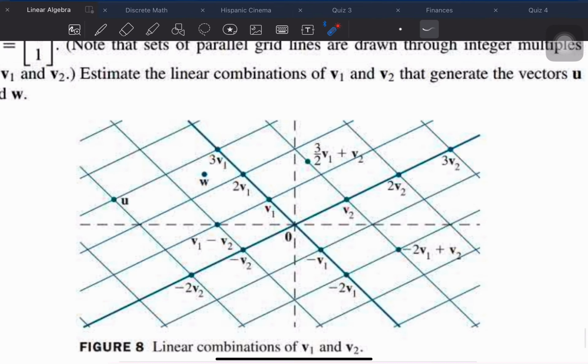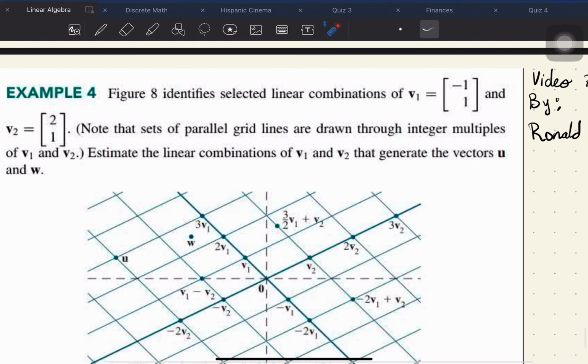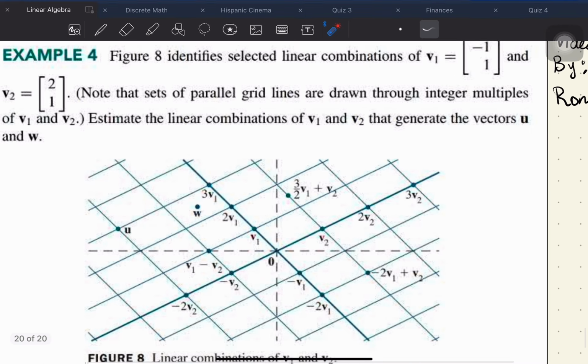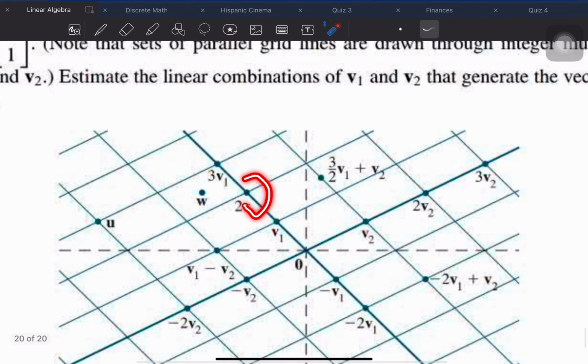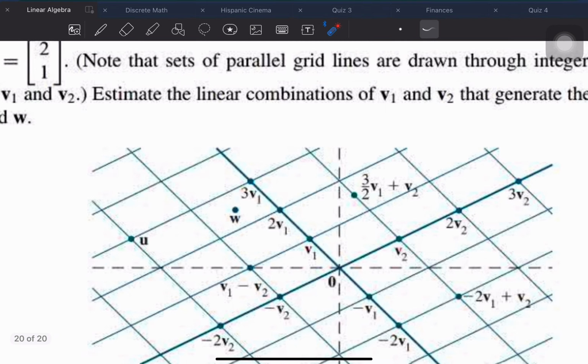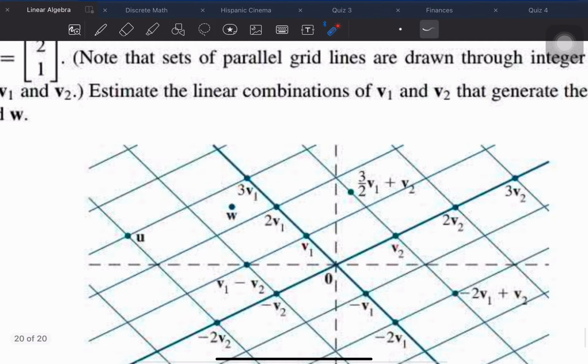Now all of these vectors can be scaled by 2. For example, B1 is the original given combination. Then we have 2b1, which is 2 times the original size. And then we have 3b1.